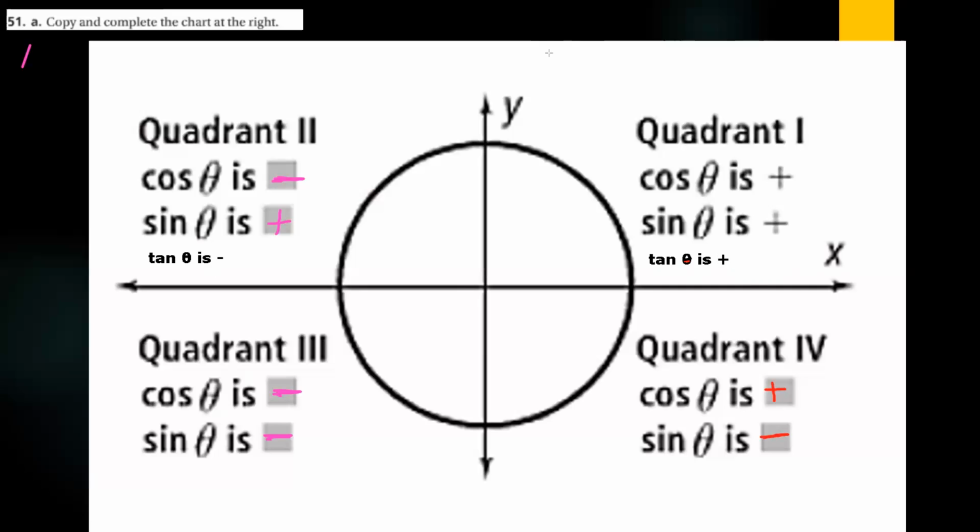So what will the tan be? The tan will be positive. And the last one here, the sine is negative and the cosine is positive. So the tan will be negative.